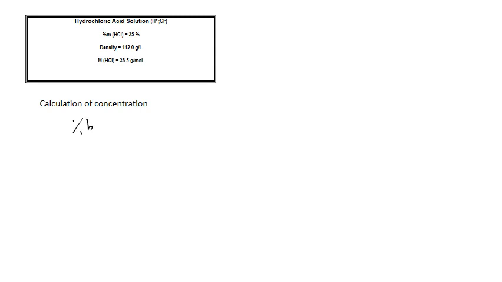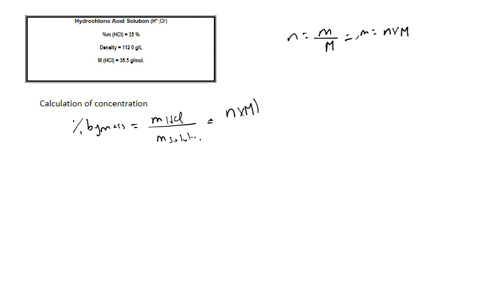As we know, the percentage by mass is represented as mass. Here, since we have hydrochloric acid, it is the mass of hydrochloric acid over the mass of the solution. But we know that number of moles is mass over molar mass, so mass can be written as number of moles times molar mass. Substitute the mass of HCl by number of moles times molar mass of HCl.